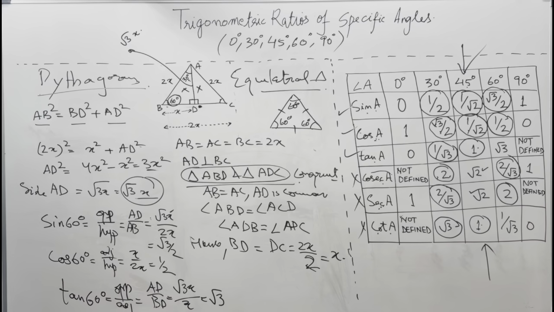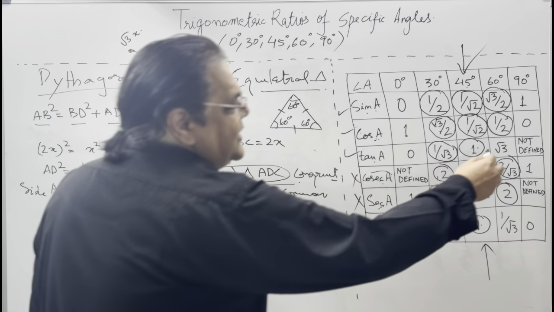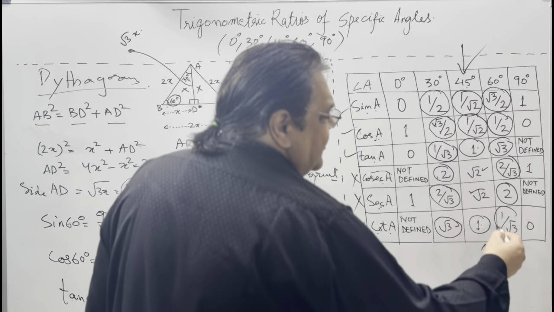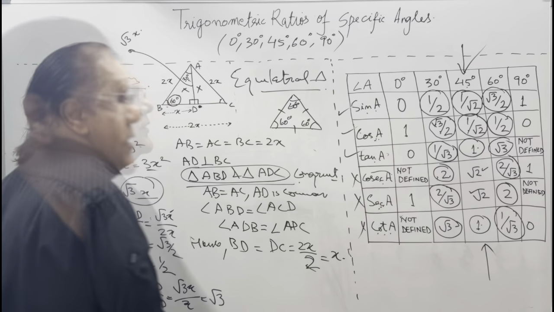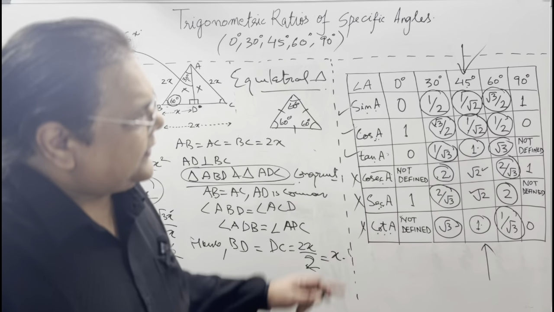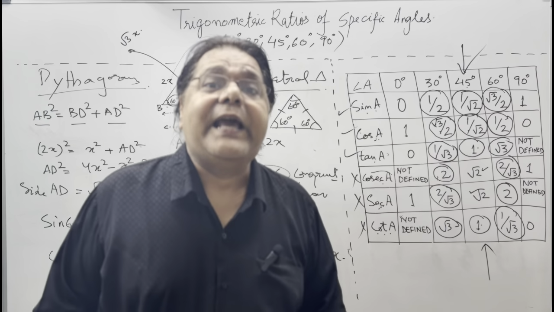So tan 60 is root 3. Let us again confirm from the table. Tan 60 is root 3 and the reciprocal is 1 by root 3, and cot A is the reciprocal of tan A. You can see from the table the trigonometric ratios for angles 30, 45 and 60 are very easily calculated.